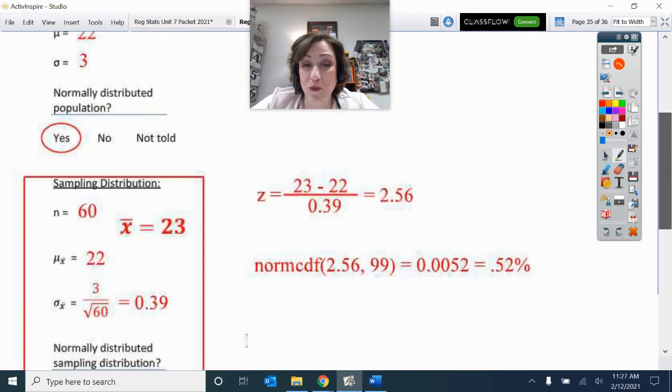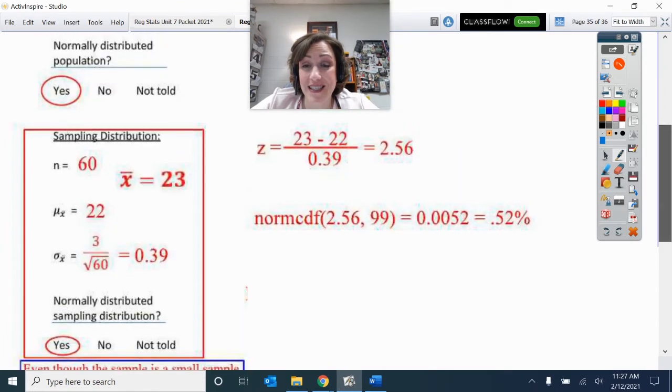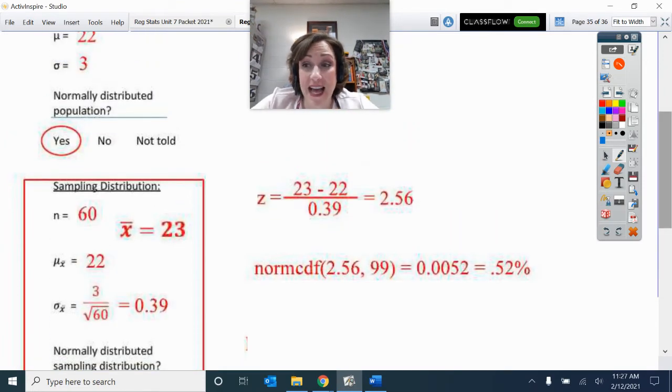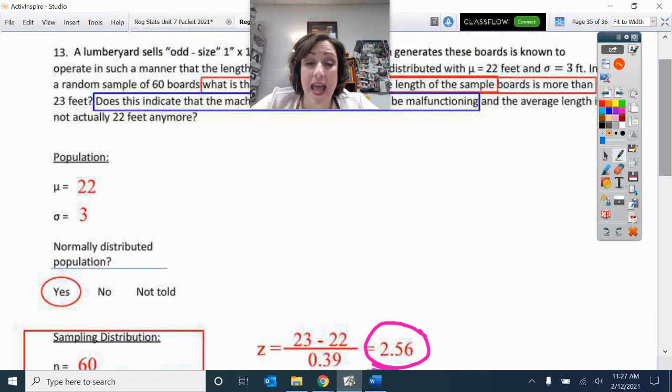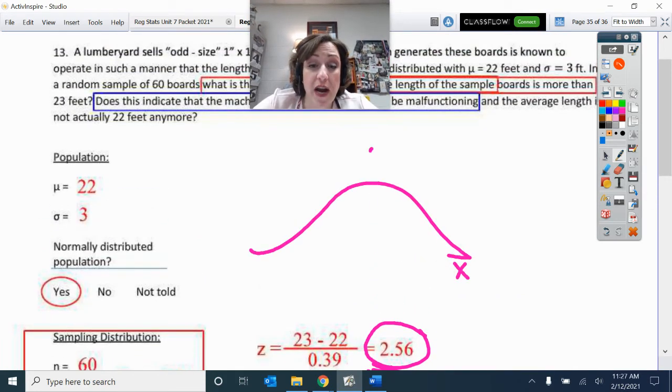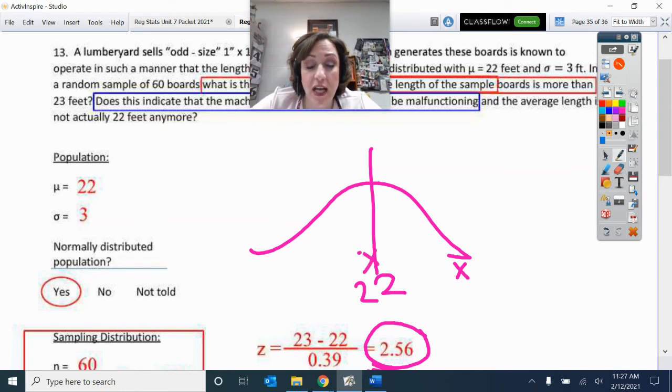So here's why I say yes. Because the sample results I got were so far out there, they were an outlier amount. And because I got something so far out there, then I'm speculative. I'm kind of worried that the data may not actually be centered at 22.